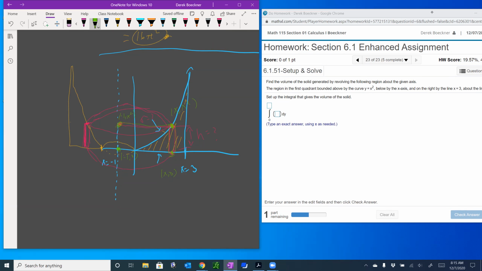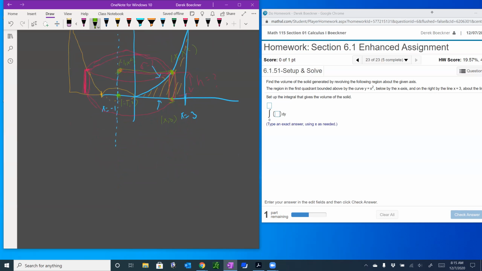It's dx wide, so I'm thinking I have this pipe that's just barely wide. And I'm going to unwrap it. Like if I cut it down the middle here and unwrap it, it turns into a rectangle.